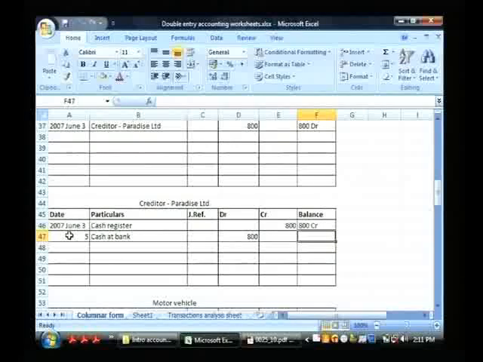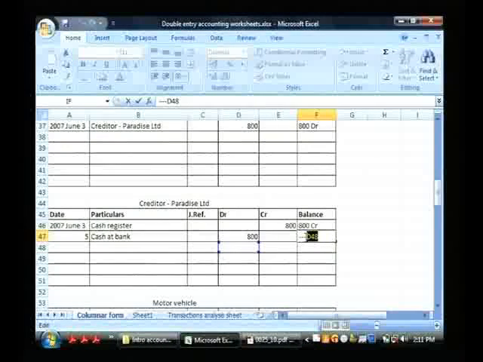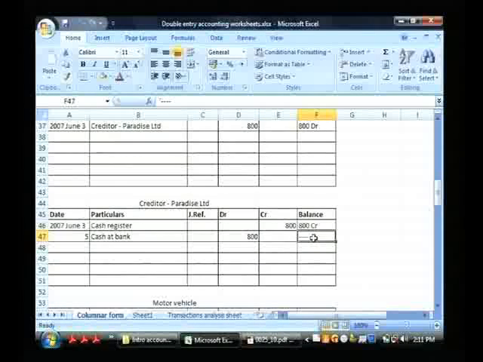Credit 800 balance, and now we made an entry in the debit side. So then credit 800 minus debit 800 gives us 0 balance. So therefore here no balance. So this is possible.